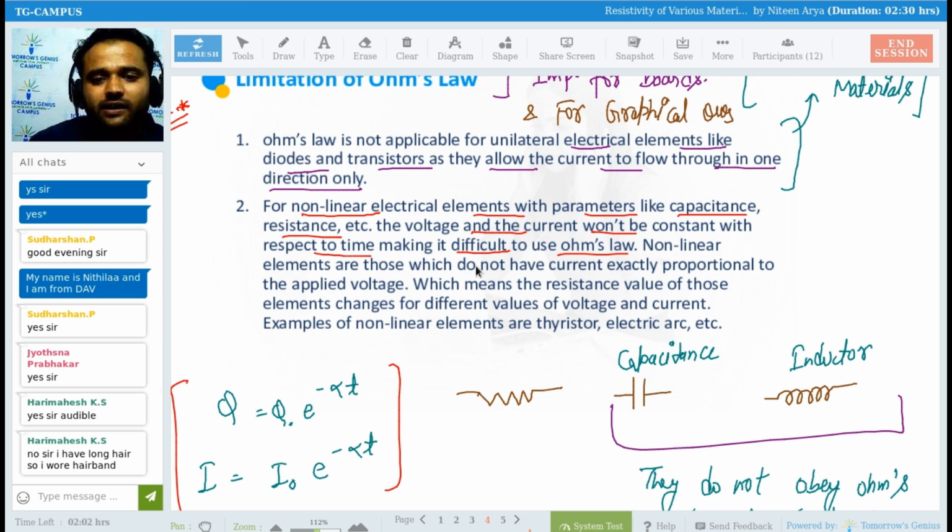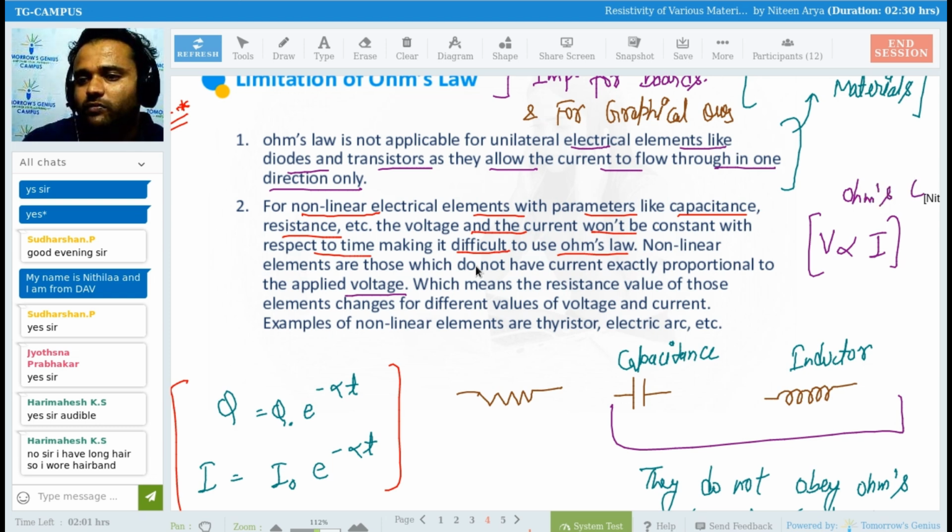So non-linear elements are those which do not have exact proportionality to applied voltage. What is written over here? As we know, V equals IR. This is your Ohm's law. So any particular element or material in which this potential is not directly proportional, that particular element or instrument, for example capacitance and inductor, is known as non-ohmic or non-linear, or they do not obey Ohm's law.